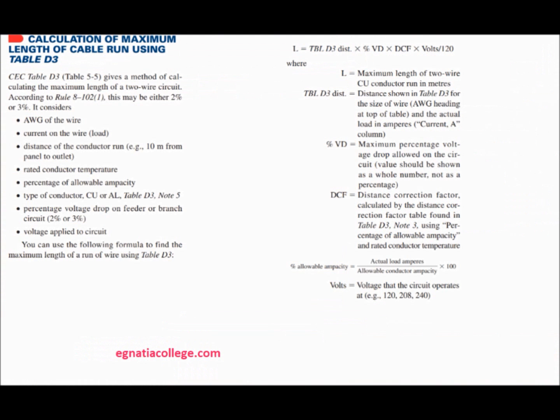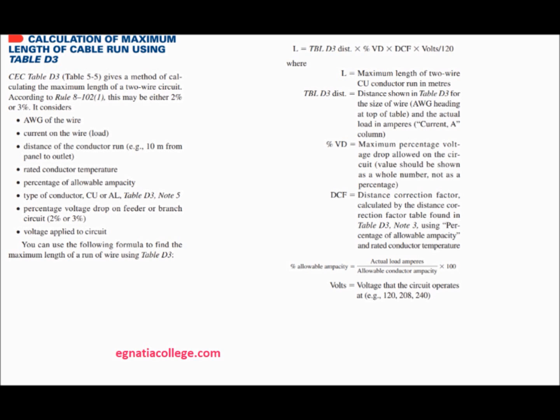It considers AWG of the wire, current on the wire, load, distance of the conductor run, for example 10 m from panel to outlet, rated conductor temperature, percentage of allowable ampacity, type of conductor, CU or AL, Table D3, Note 5, percentage voltage drop on feeder or branch circuit, 2% or 3%, and voltage applied to circuit.